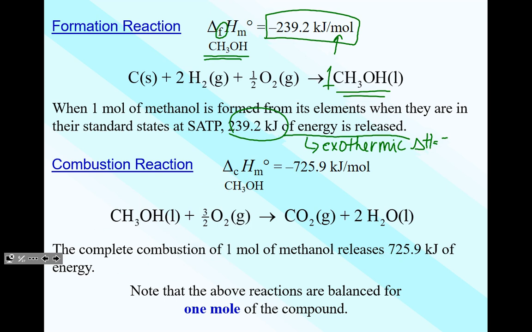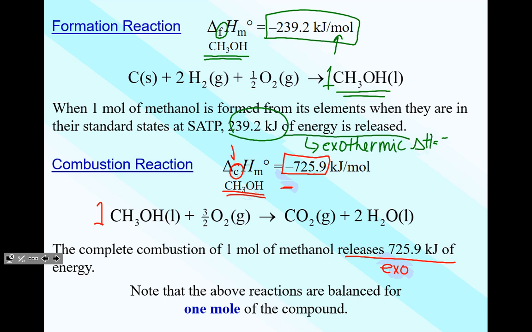So for a complete combustion, here's our little c, here's methanol, and here's our amount, our delta H, which is negative because energy is released, which means it's an exothermic reaction. It's negative 725.9 kilojoules per 1 mole, because this is 1 mole.